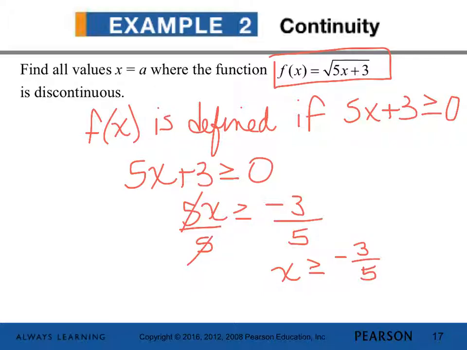Now to see why that's so, suppose x is equal to, let's see, something bigger than negative 3/5, like, oh, I don't know, negative 1/5.